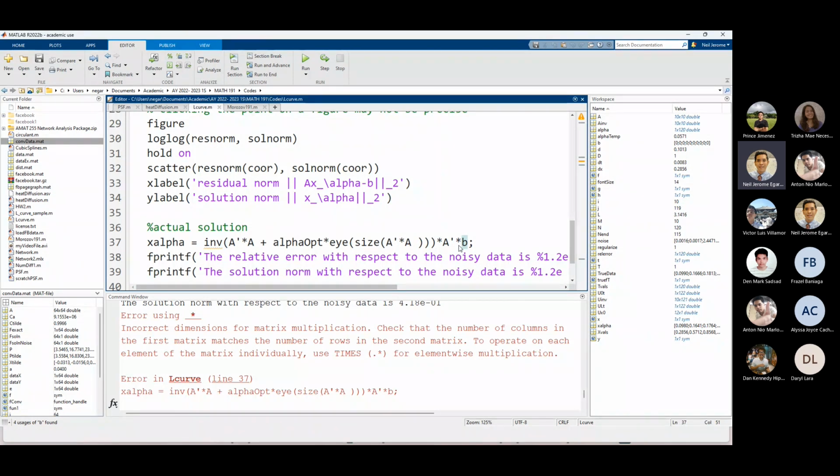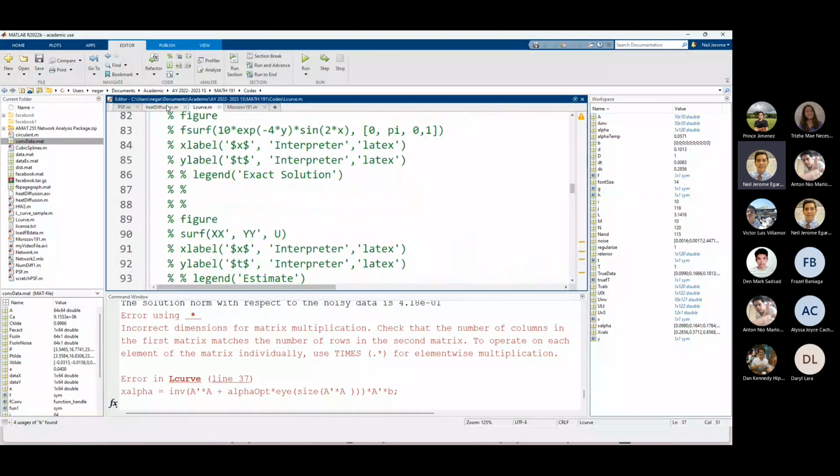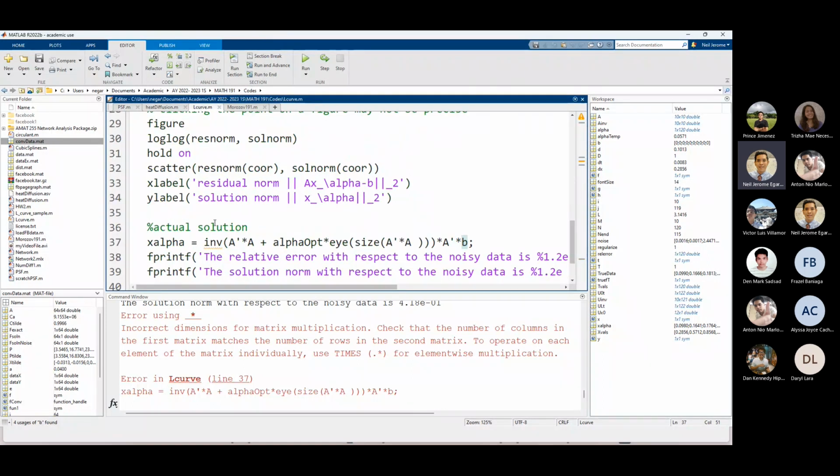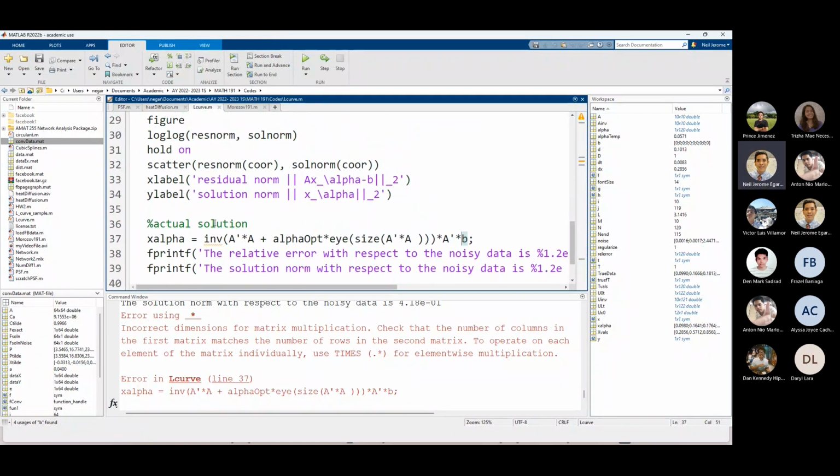Tapos hindi ko na na-discuss yung homework natin, pero what should I do? What I want you to do in the homework is to prove na hindi talaga nagko-converge yung L-curve method. Hindi pala i-prove na hindi nagko-converge yung L-curve method.